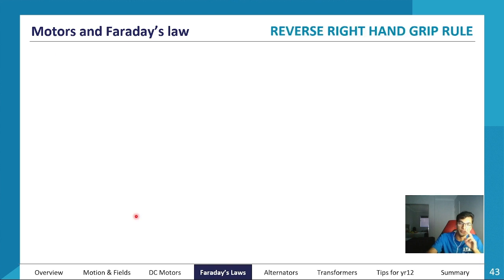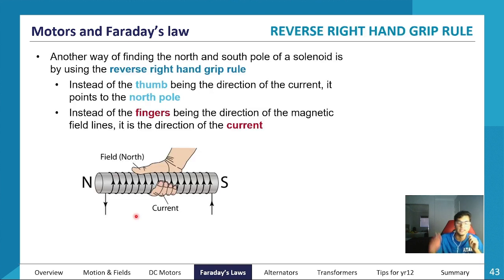I know that's a bit confusing, but there's an easier way to do this. We can use our right hand grip rule again, and this time we point our fingers in the direction of the current. In this question, you can see how the fingers are gripping the coil in the direction the current is going.